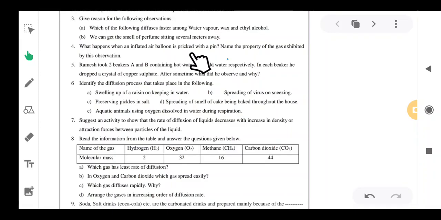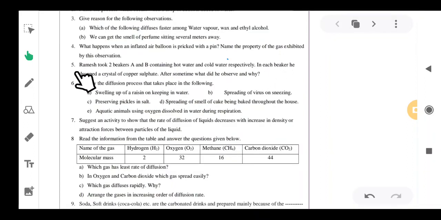What happens? The gas diffuses. So name the property: diffusion of gas in gas. The gas in the balloon diffuses into the surrounding gas. So you have to write diffusion property. Answer is diffusion property.